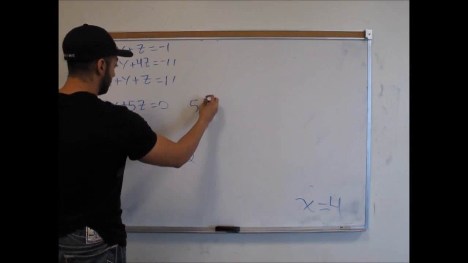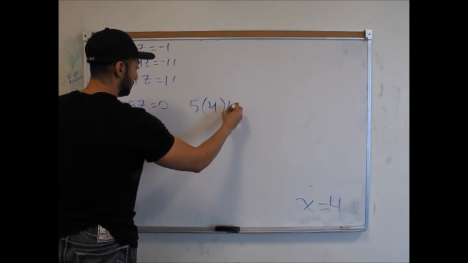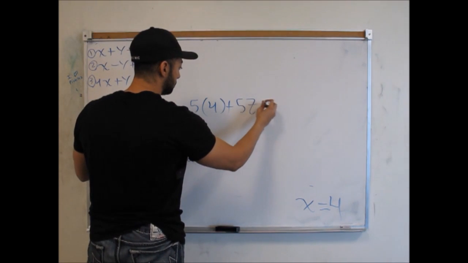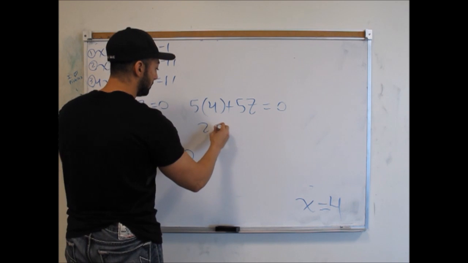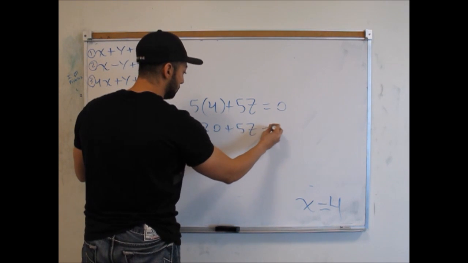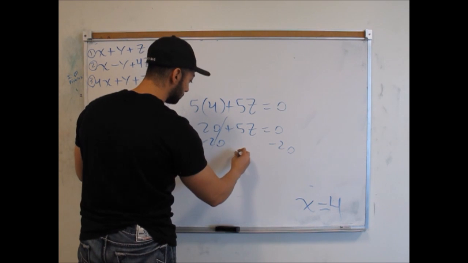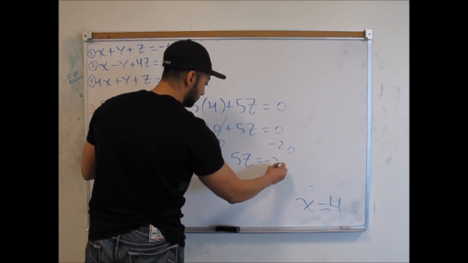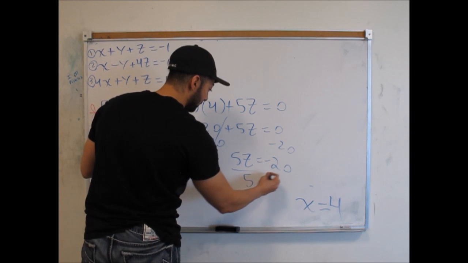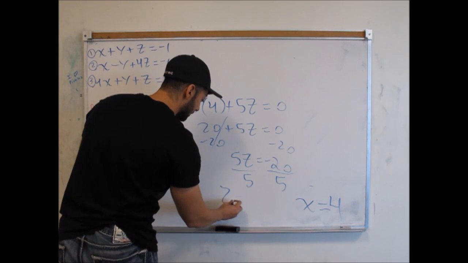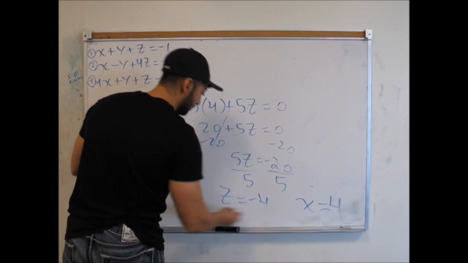So 5 times 4 plus 5z equals 0. That gives me 20 plus 5z equals 0, subtracting the 20 over. You get that 5z is equal to negative 20, dividing by the 5, you get that z is equal to negative 4.